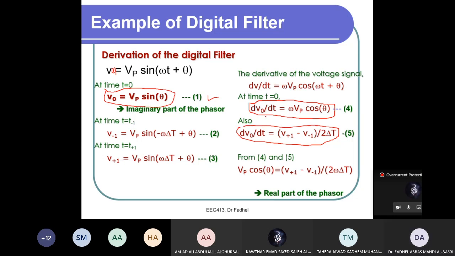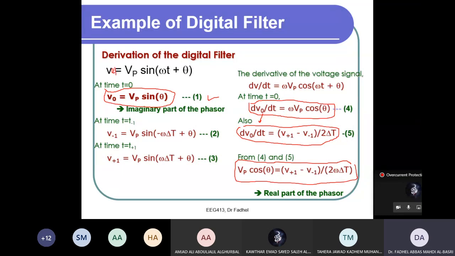So this one can be estimated by this. Now I can replace the left-hand side with this and arrive at the following equation. I can substitute this here so that VB cosine theta becomes this divided by omega. So from these two equations, 4 and 5, I got this.